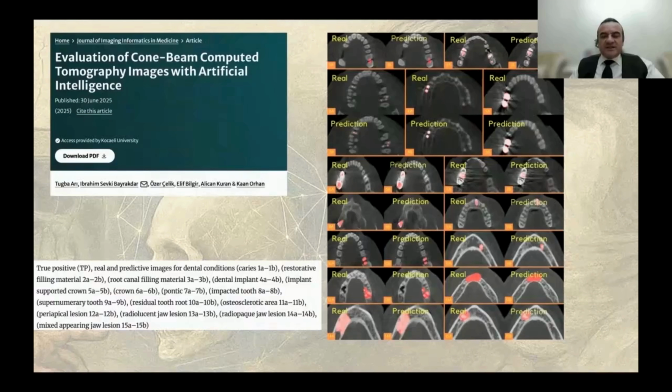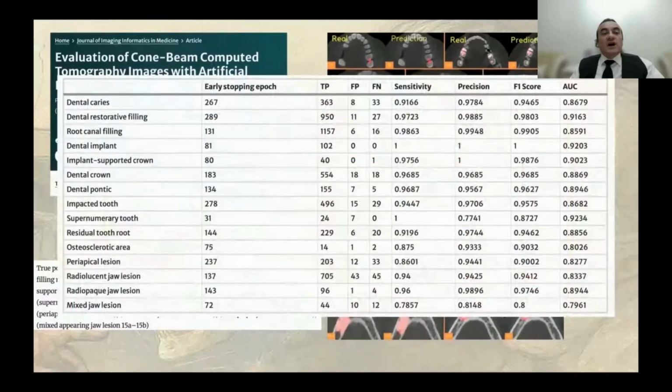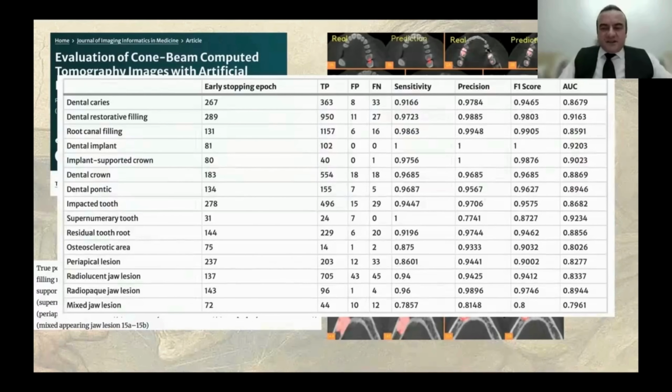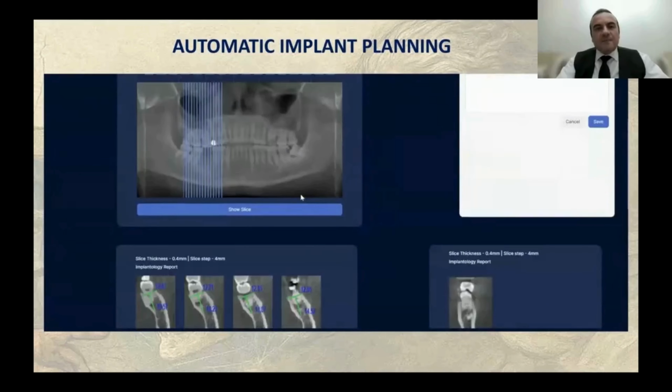The scores are quite high to detect these types of pathological lesions. Still, we have to work on the mixed jaw lesions. As you know, the sensitivity is a little bit lower, but when you feed the algorithm different kinds of cases and lesions, it will learn more and more, and the score will become high again.